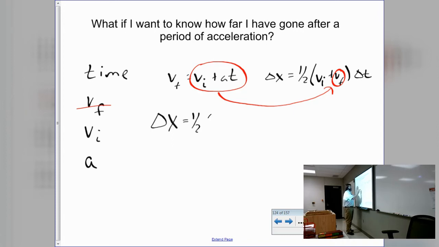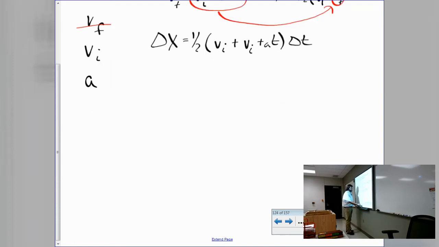Displacement equals half of velocity initial plus velocity initial plus acceleration times time, times our change in time. Okay, so now again, I just need to simplify and clean up this equation. Let's do that by first combining some like terms.